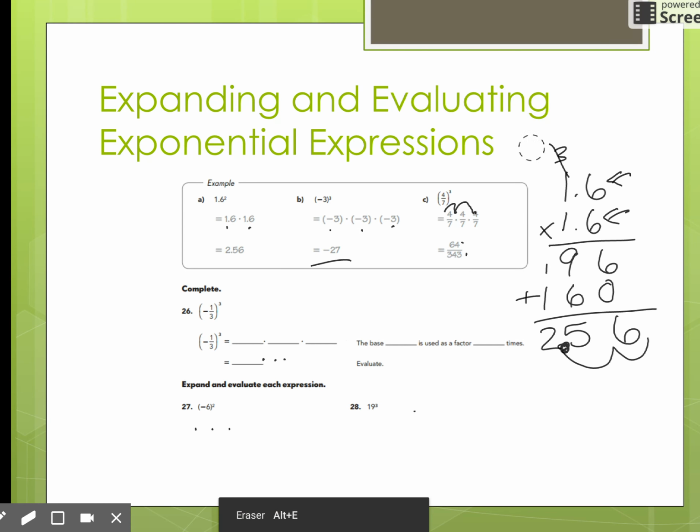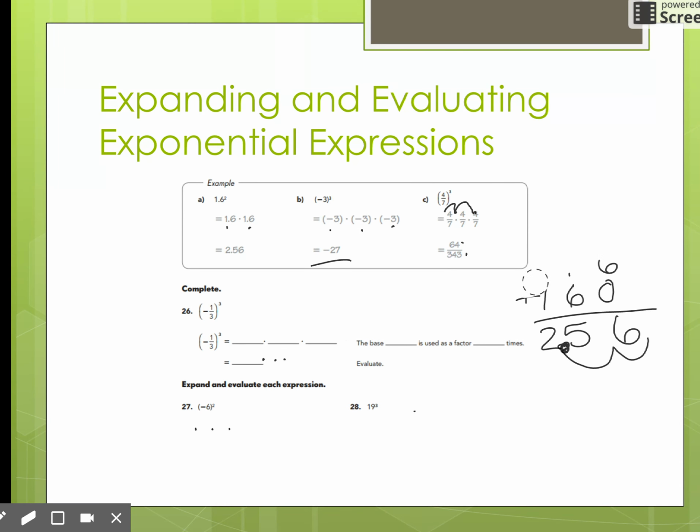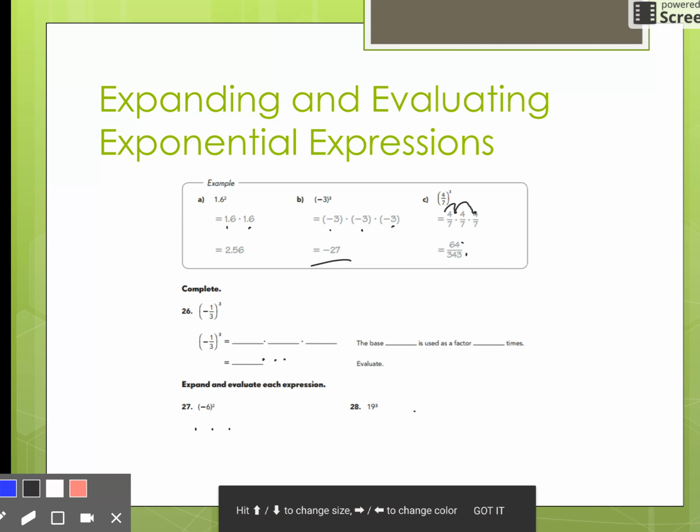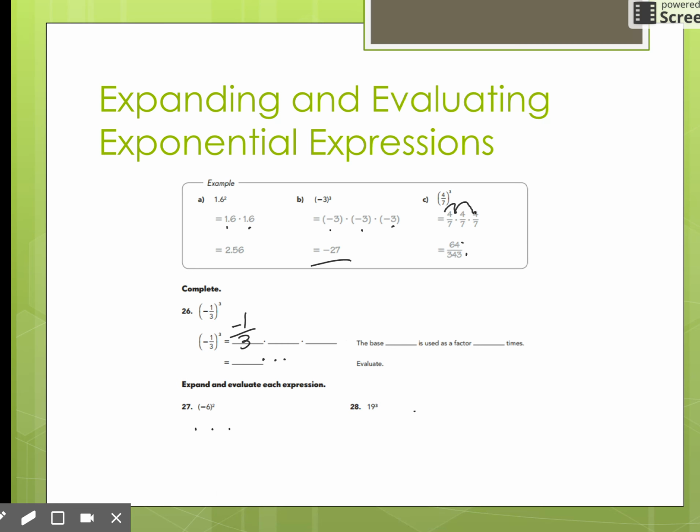Let's do the example where we have -1/3 here to the 3rd power. So my multiplication problem, because it's to the 3rd power, I'm going to be multiplying -1/3 3 times. So -1 times -1 would be a +1, times another -1 would be a -1.